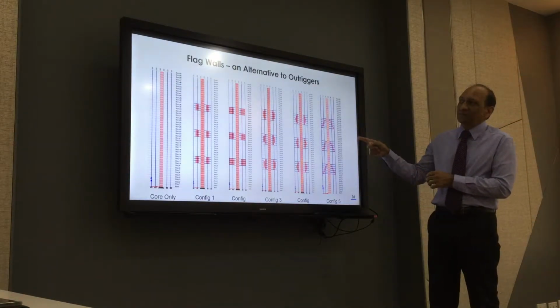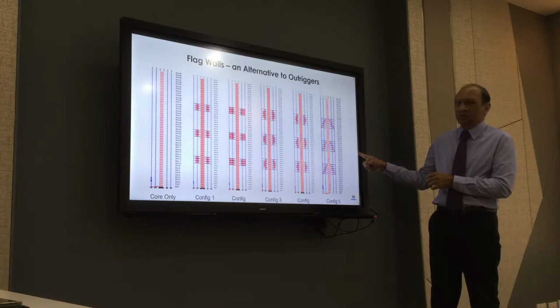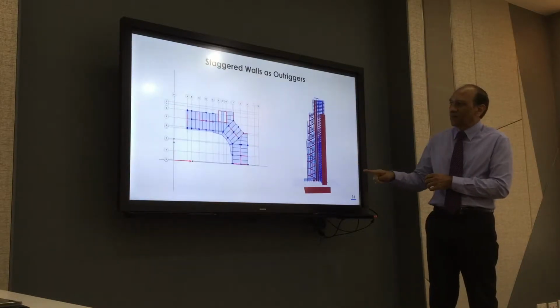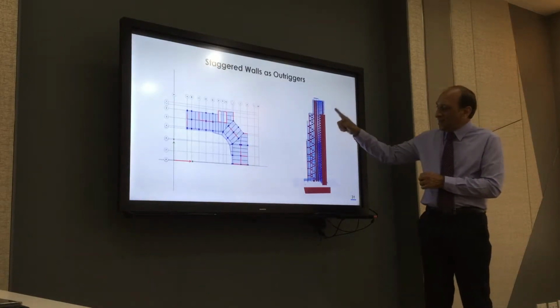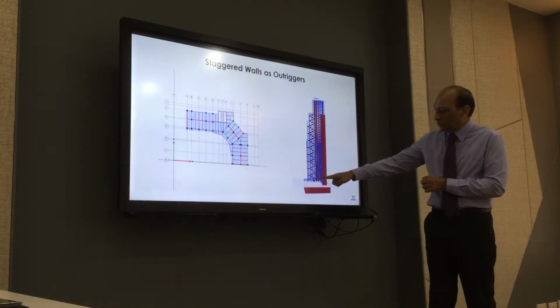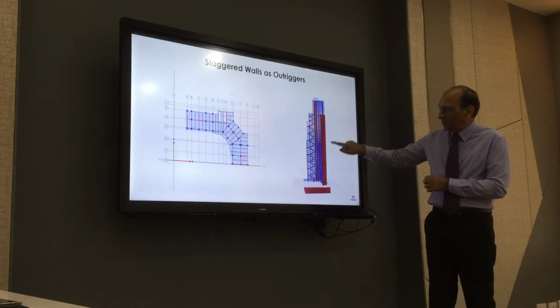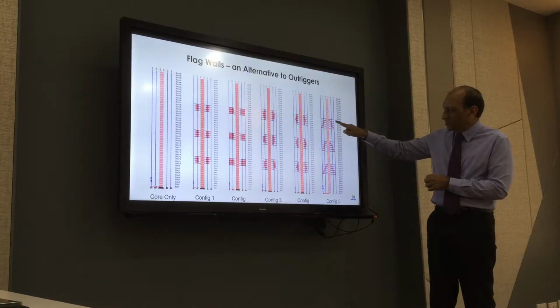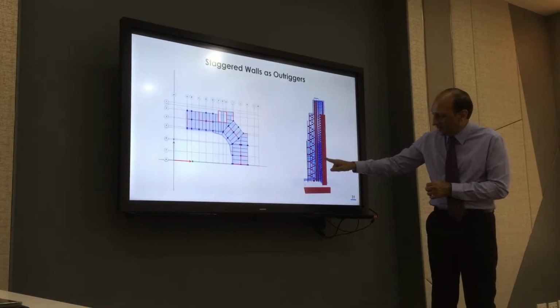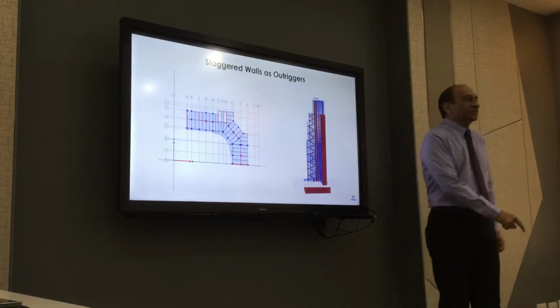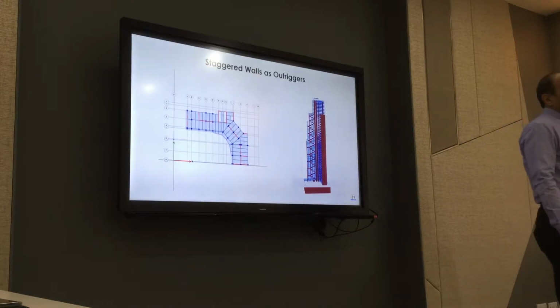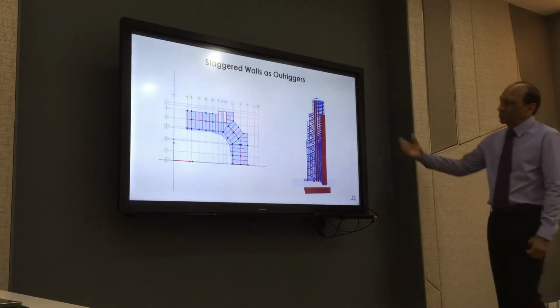And we presented this paper in many international conferences. Another one is staggered walls. That means you put these flag walls not in this manner, you use this concept, and you go all the way through the building. And we used this concept in the Philippines a long time ago. Very effective for controlling the building.